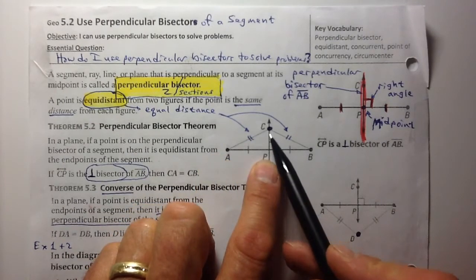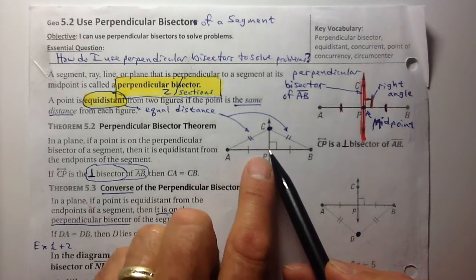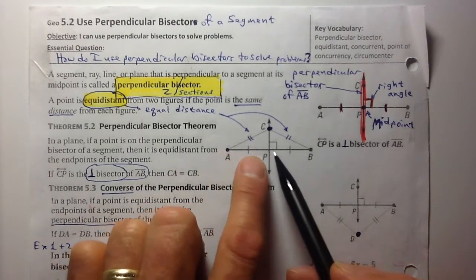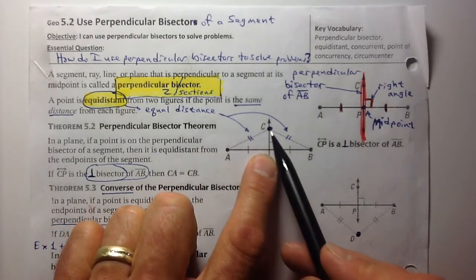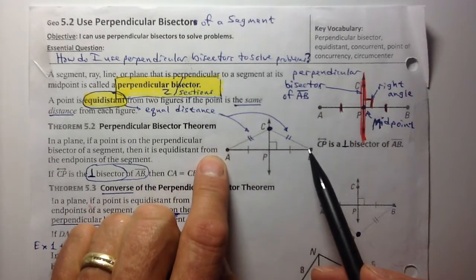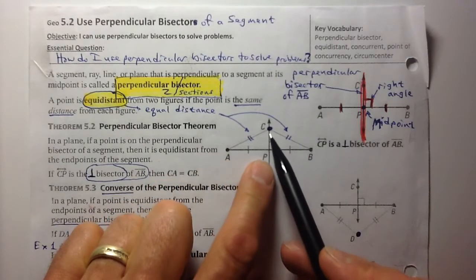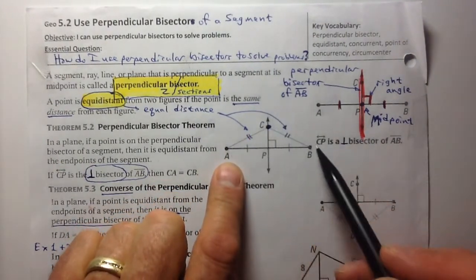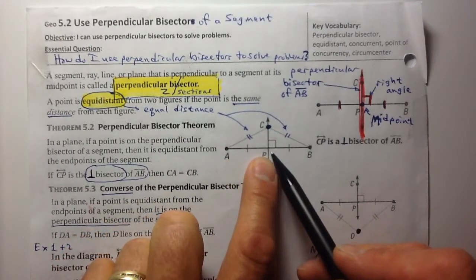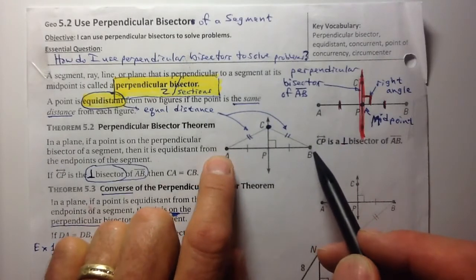So here's your tent pole that is raising your tent, but when it's laid down on the ground, right down here, of course this is the midpoint, so obviously that is equidistant from the ends of your tent, and as you raise up the tent, then it continues to be equidistant from the endpoints. So whether it's down here or up there or way up here, as long as it's on this perpendicular bisector, it's always going to be equidistant from the endpoints.